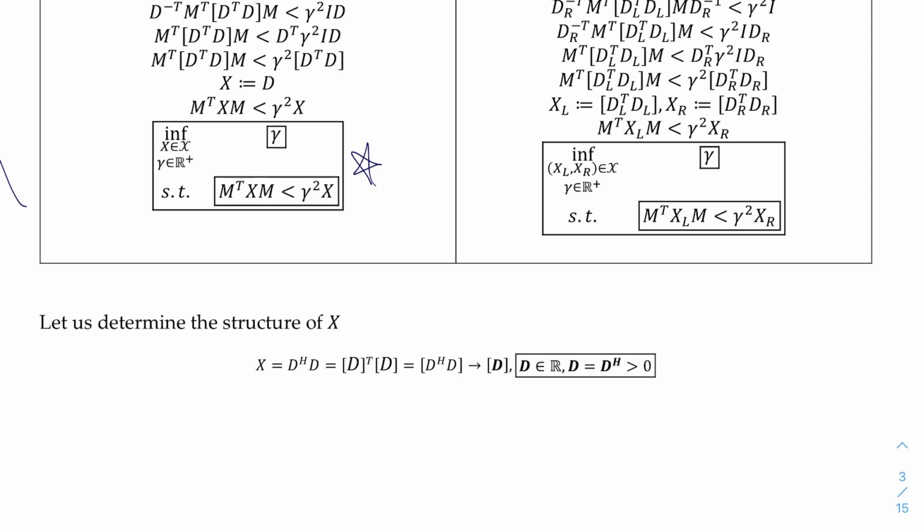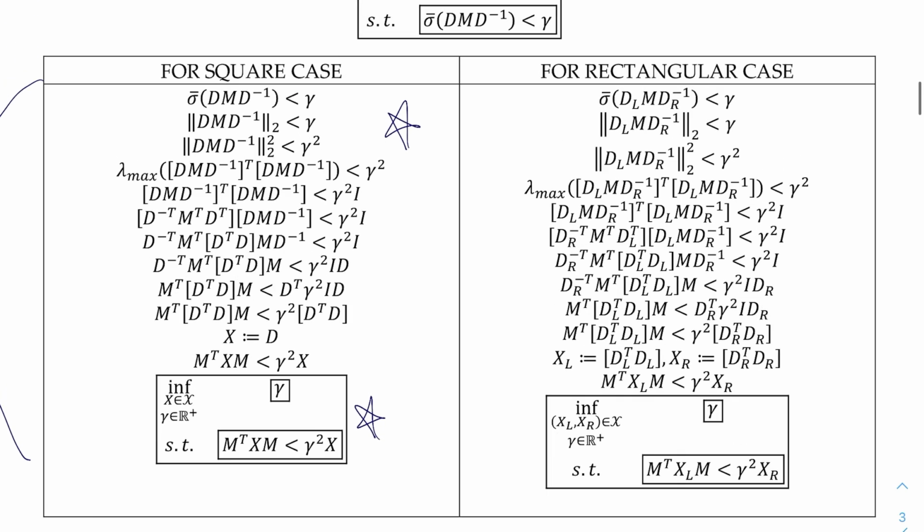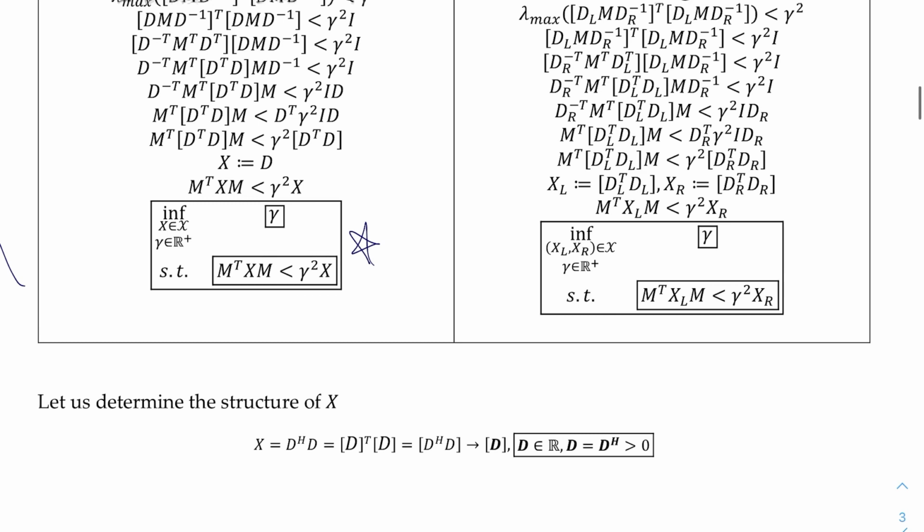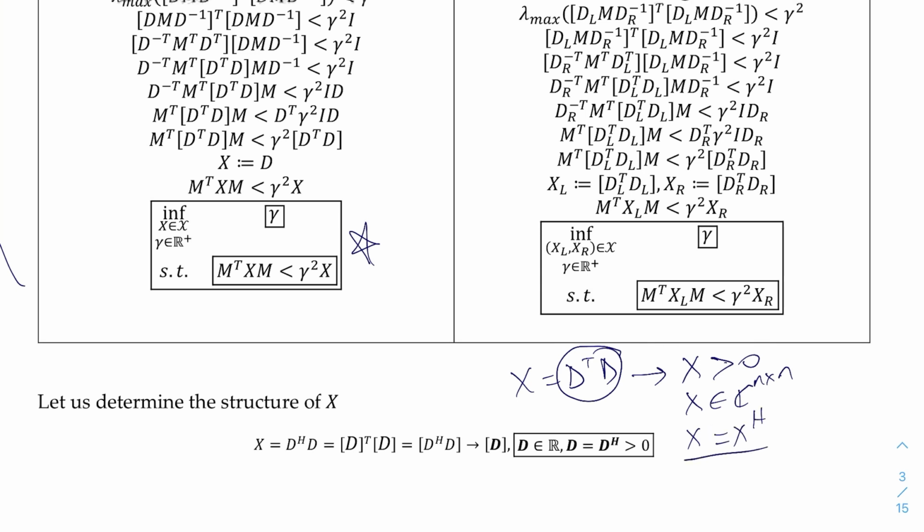Since D is Hermitian and positive definite, X is D transpose D, or D Hermitian D. And what we have, X again is complex, and also X is a Hermitian matrix.